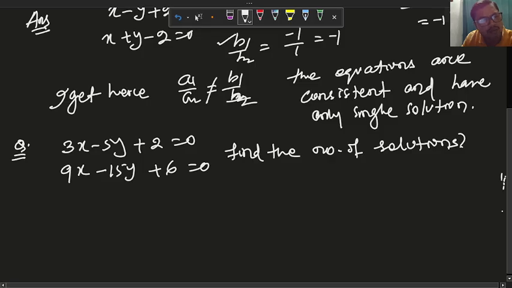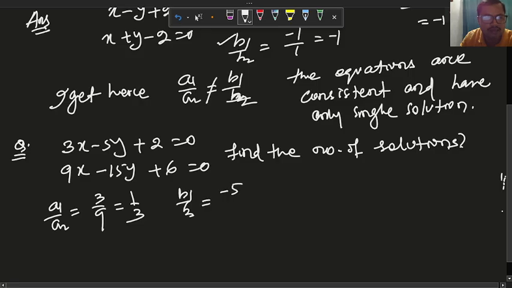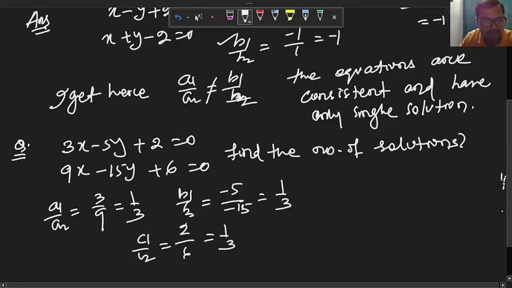So first of all, we have to find the ratios of coefficients. a1 by a2 equal to 3 by 9 equal to 1 by 3. b1 by b2 equal to minus 5 by minus 15 equal to 1 by 3. c1 by c2 equal to 2 by 6 equal to 1 by 3.